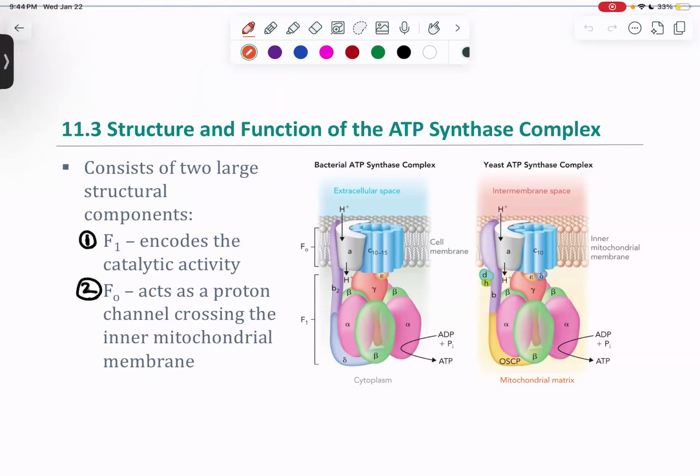But if you think about it, regardless of how you classify it, it is one of the most essential protein machines in all of our cells.